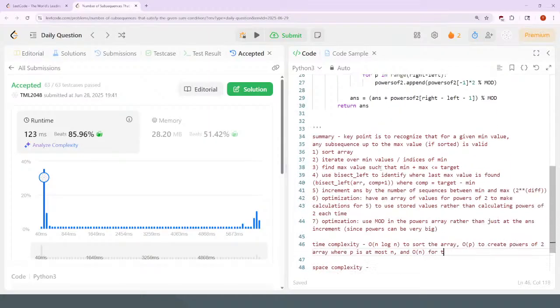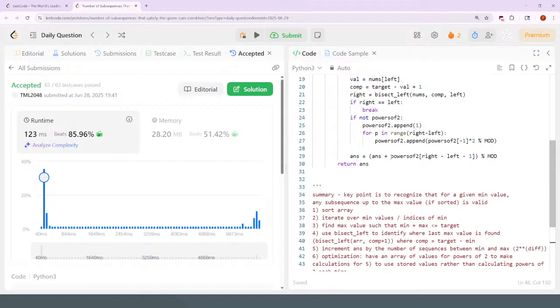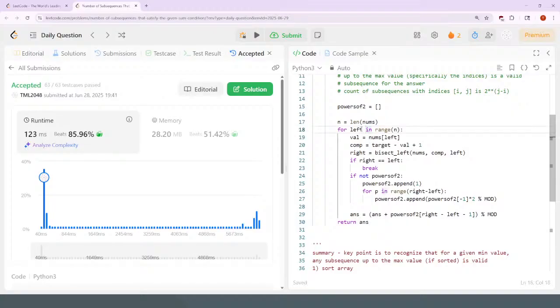I think it might be O of n for the main loop to calculate counts. We are iterating through all the valid indices of left.